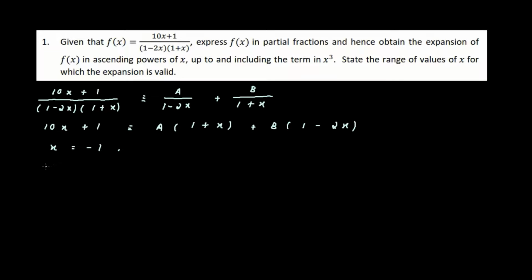Let's find B first. 10 times negative 1 plus 1, the A term gives us 0, then plus B times (1 minus 2 times negative 1). I'll get negative 9 equals 3B, so B is negative 3.